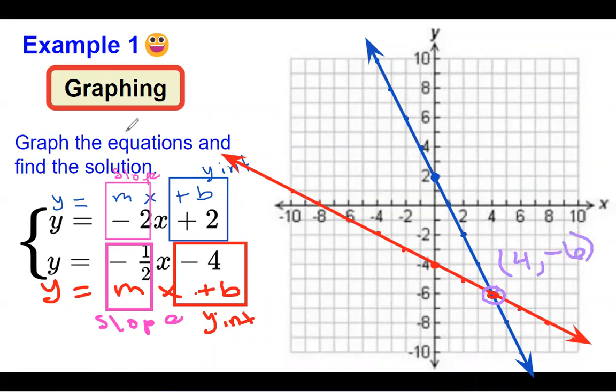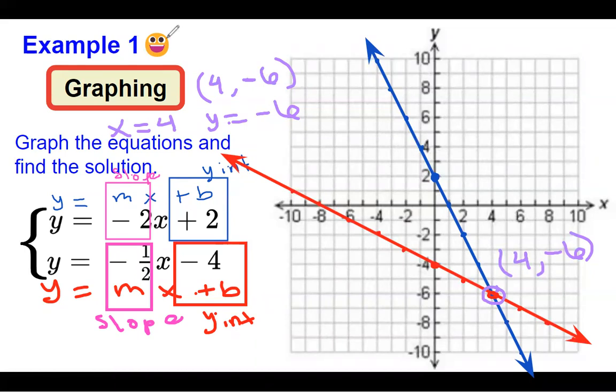So the solution or the intersection happens when x equals 4 and y equals -6. So it's going to be a coordinate, or we can have both the x value and the y value present here. But my solution will always be a beautiful coordinate, 4, -6. Does it make sense?